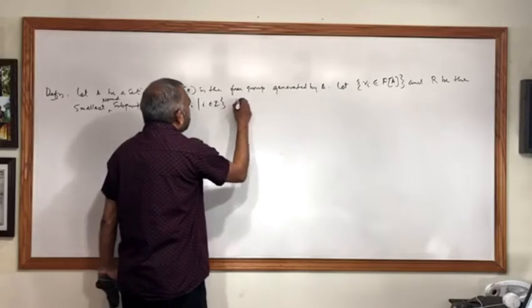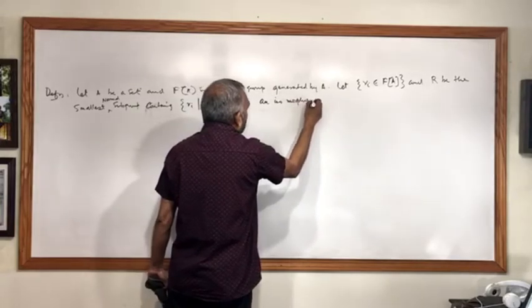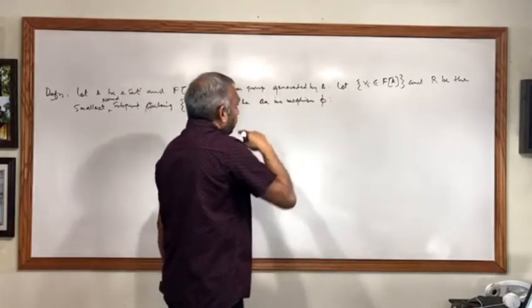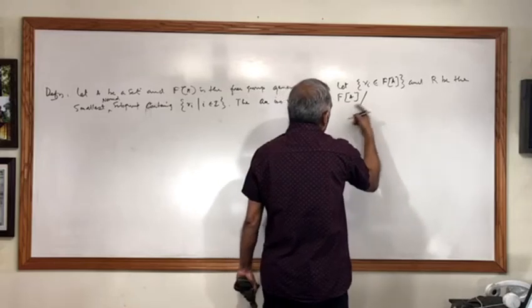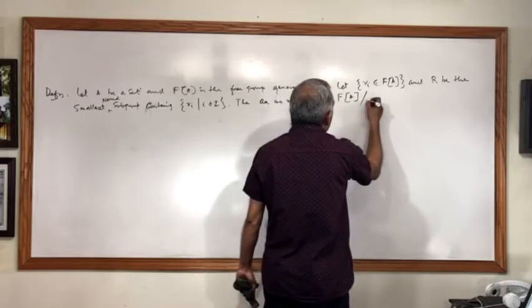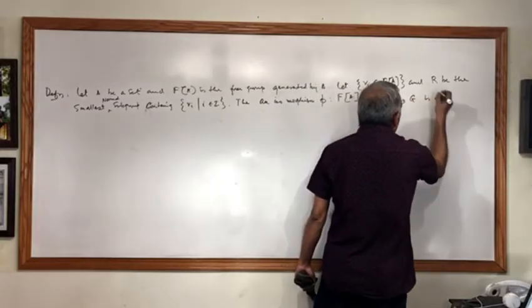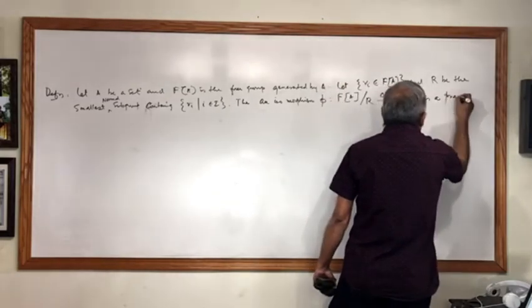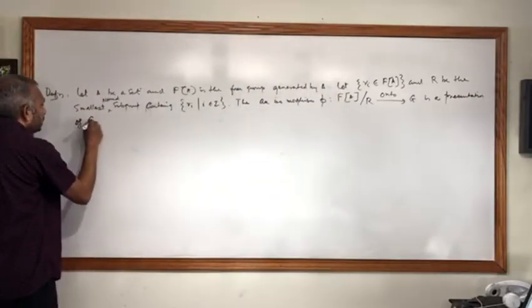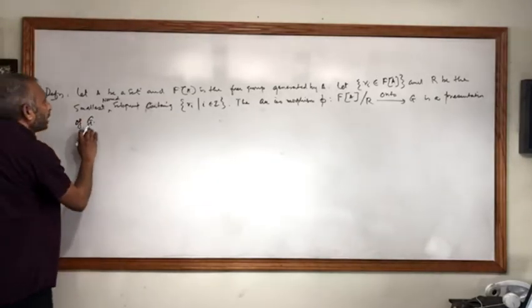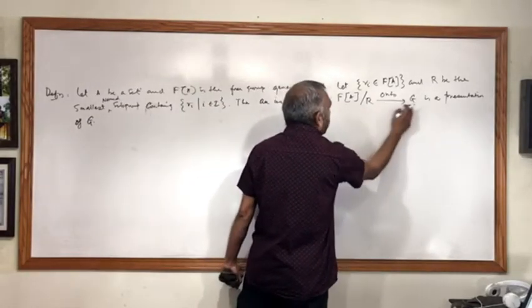Then an isomorphism phi from f of A over R onto G is a presentation of G. See, this G is not a subgroup of f of A. We are just having an isomorphism from the quotient group to this.